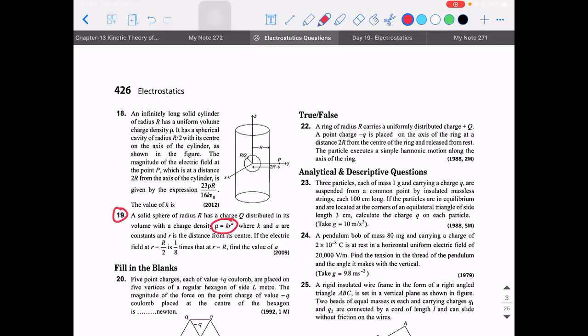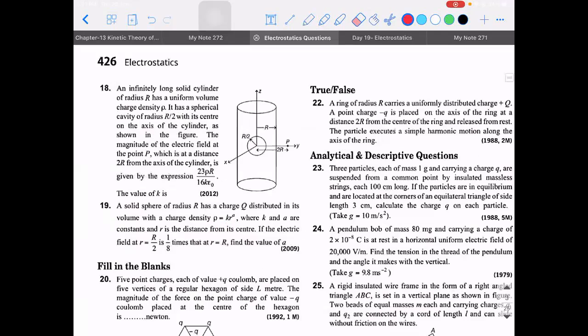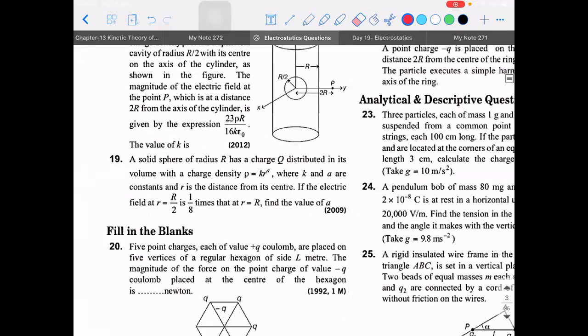Try it out. So this year they can ask this question as a numerical problem. You have integer type, right? It can come in that.